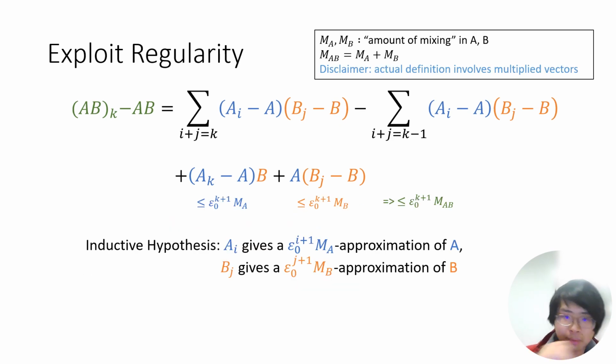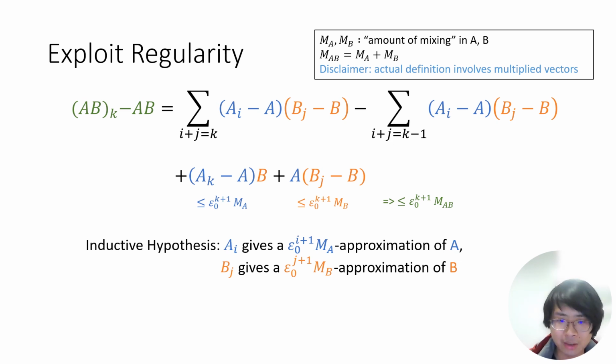So our idea is to exploit regularity in this proof. Specifically, let's say we have some M_A and M_B denoting the amount of mixing in part A and in part B. Then we consider our inductive hypothesis to be that A_i gives the epsilon 0 to the i plus 1 approximation, but also this is proportional to the amount of mixing of A, which is M_A. Then in the last two terms, we can see that the first term is upper bounded by epsilon 0 to the k plus 1 and M_A, and similarly the second term.